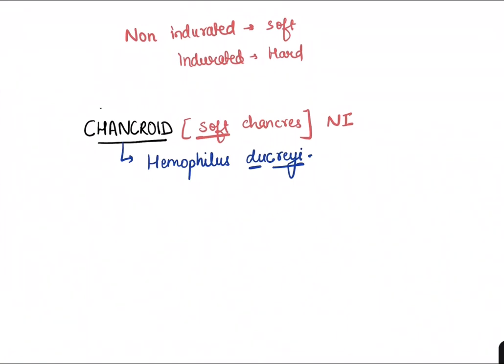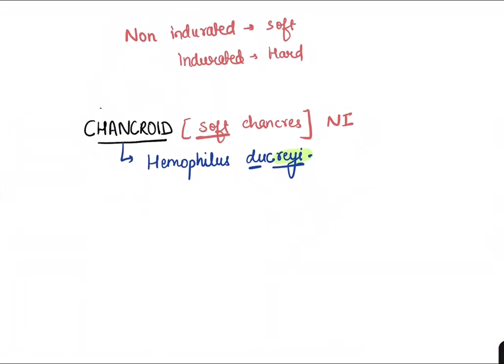You can remember chancroids are soft but painful, so they make us cry. That's why the etiology is Haemophilus "do cry".